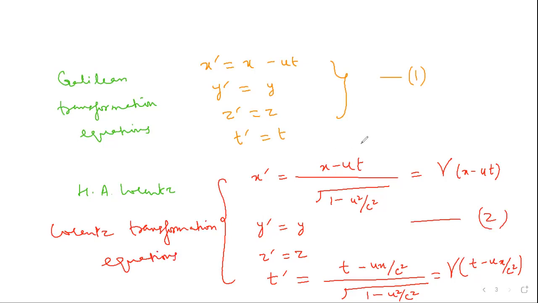Let me check them. x prime is equal to x minus ut over under root 1 minus u square by c square, which is gamma times x minus ut. y prime is y, z prime is z, and t prime is equal to t minus ux by c square over under root 1 minus u square by c square, which is equal to gamma times t minus ux by c square, right?